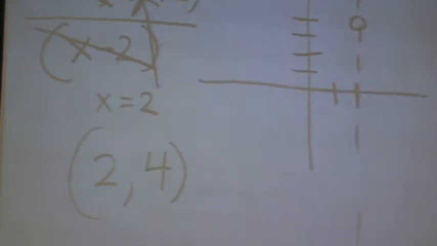It's gone. This is a hole. You will have a hole at 2, comma, you're going to plug this 2 in what's left, 2, comma 4. So when you go to graph your function, instead of having an asymptote at 2, at 2, 4, you're going to put a hole there.